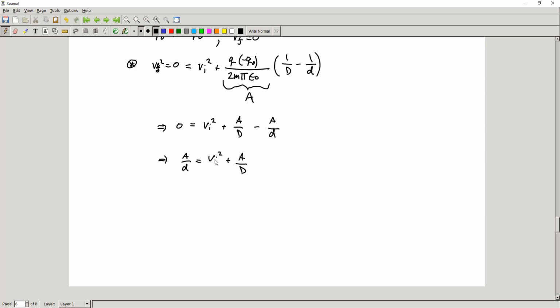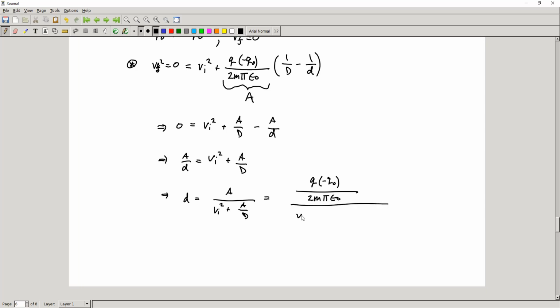Now I'm going to multiply and divide by d here because we want to isolate our little d. And so if we clean this up properly, we're going to end up with d is equal to a over v initial squared plus a over d, right? And at this point, you would just need to substitute in what our a was, so the thing gets a little messy, but it's not too bad. We're going to have q times minus q naught over 2 m pi epsilon naught.